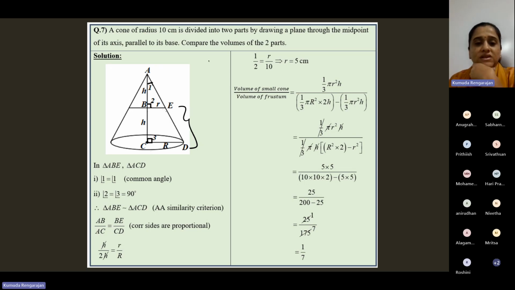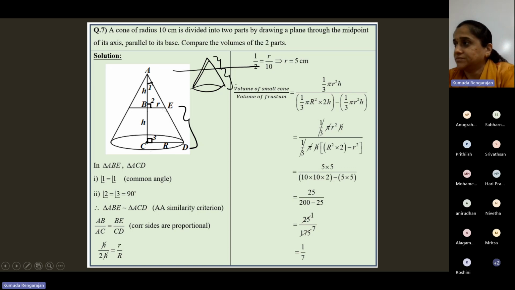The remaining part: when you have a whole cone like this, and a plane runs parallel to the base and the top portion is removed, the top is a small cone, right? If you remove the small cone, the remaining portion is called the frustum of the cone.